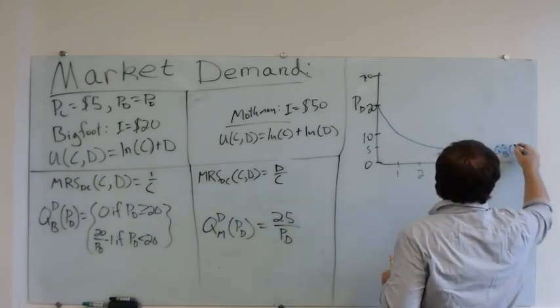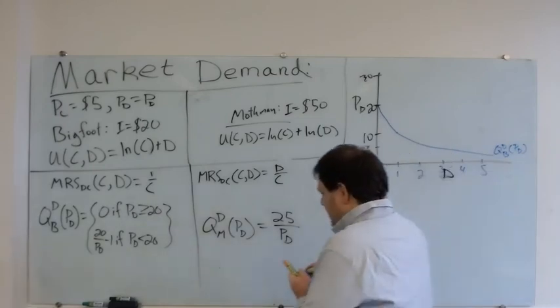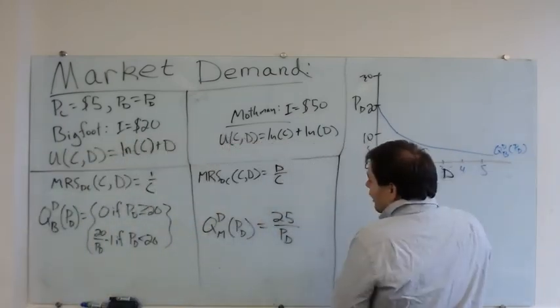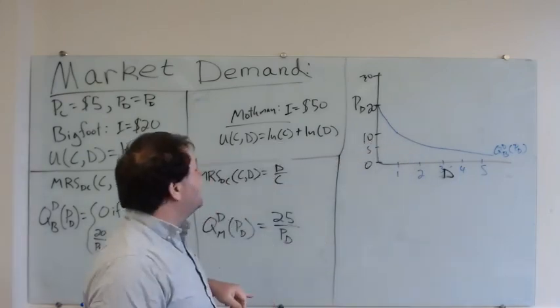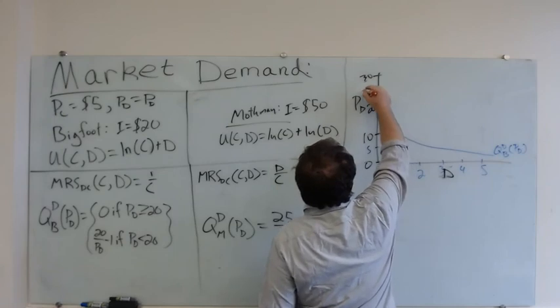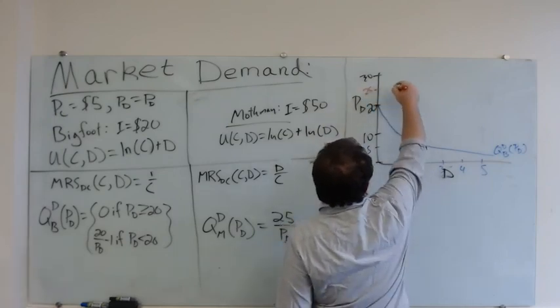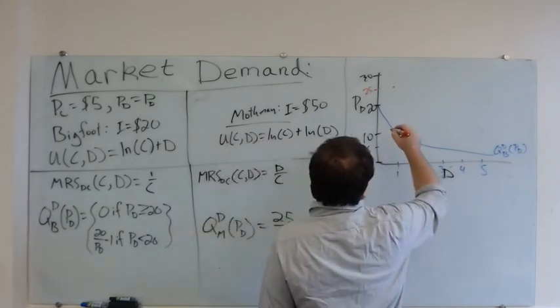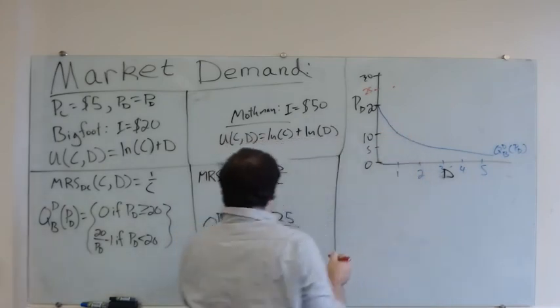And then Mothman's demand is always going to be positive. At a price of 25, Mothman will demand 1, 25 over 25. At a price of, say, 10, Mothman would demand 25 over 10, which is about 2.5.